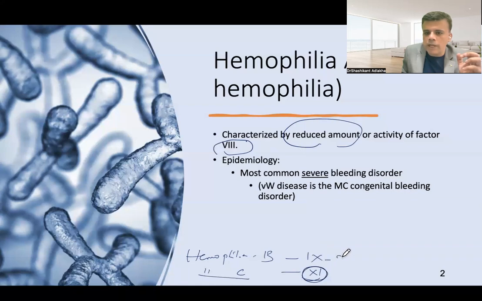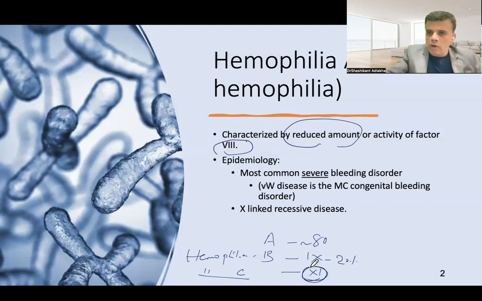Hemophilia B is almost 20%, and hemophilia A is almost 80%. So 80, 20, and less than 1% is accounted for by hemophilia C. That is the important thing that you should remember, and all of them are X-linked recessive disorders. So it is much more common in males.